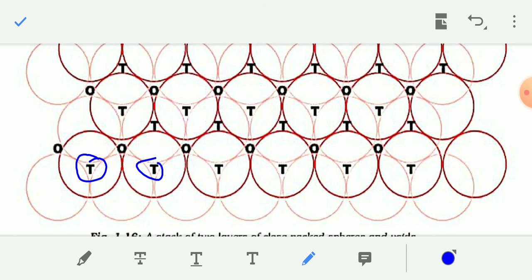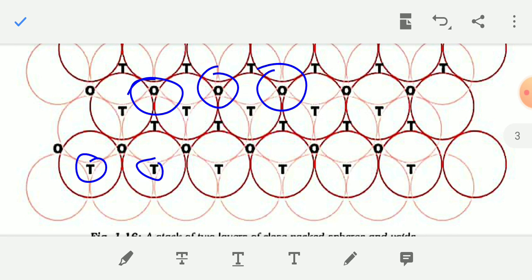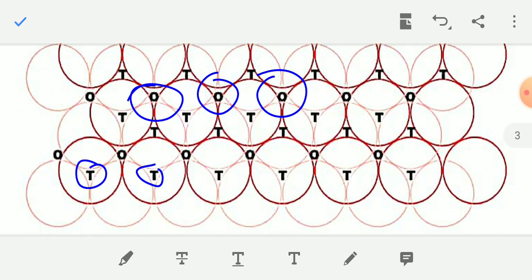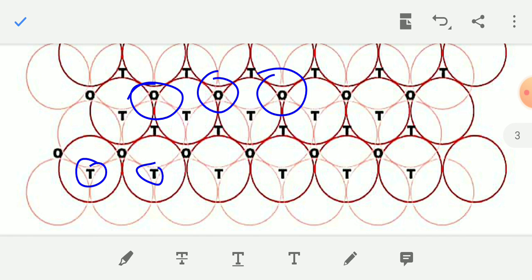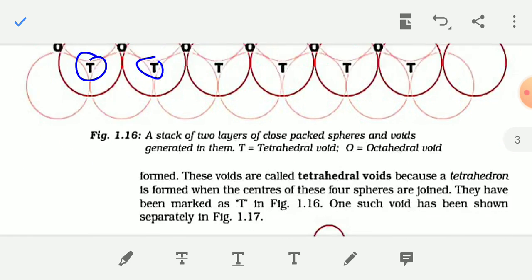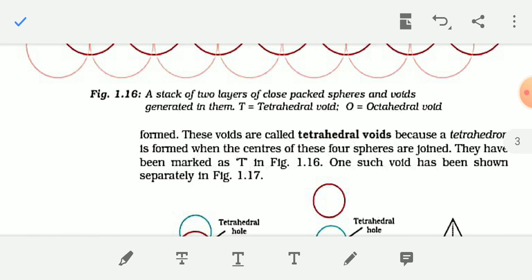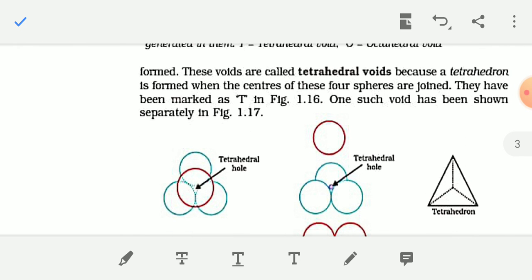One is a tetrahedral void, which is represented by T. Another is an octahedral void, which is represented by O. Tetrahedral voids are formed between four particles or four spheres, and octahedral voids are formed between six particles. These two types of voids are obtained after placing the second layer in the depressions of the first layer.